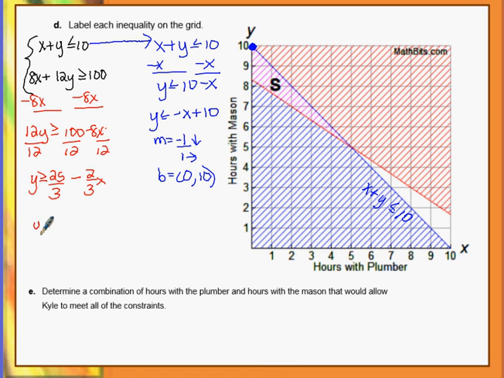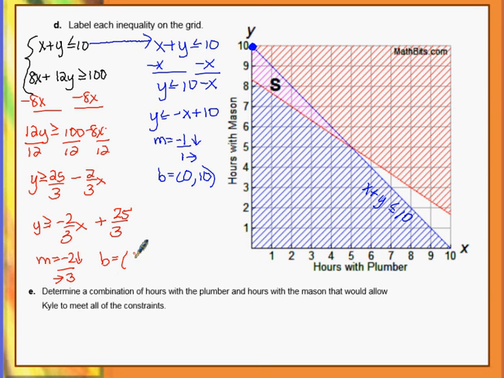So now if I rewrite this, I end up with negative 2 over 3x. So my slope is negative 2 over 3, going down 2 over 3. And then my y-intercept is a positive 25 over 3, which 25 can go into 24 about 8 times. So it should be a little bit higher than 8.